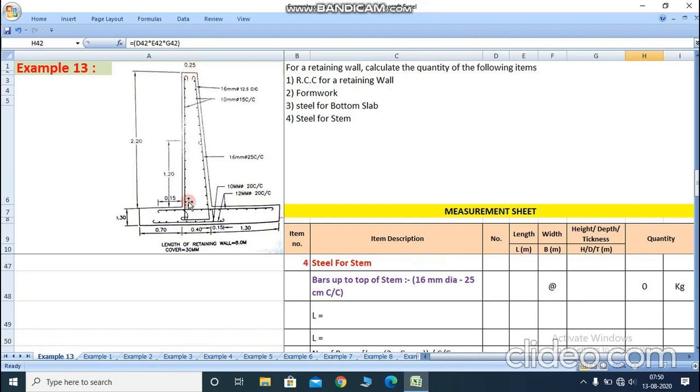This portion of steel is also required. Clear? So here the bars from the top of the stem are 16 mm diameter, 25 cm center to center vertical bars, which we calculated.